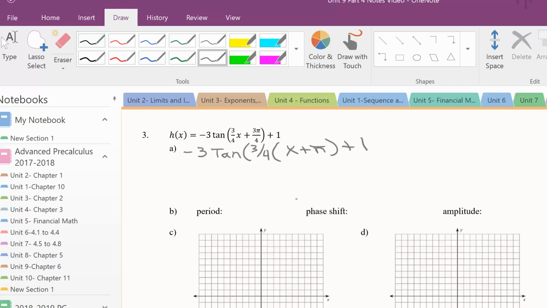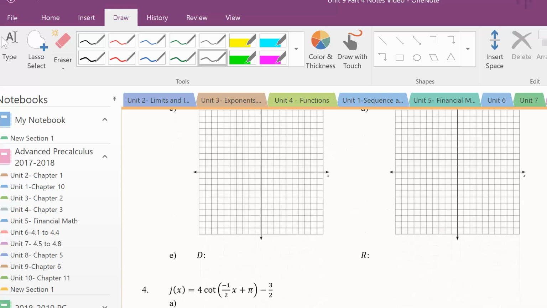So the period, remember for tangent and cotangent, it's pi over b. So it's pi over 3/4, which is 4 pi over 3. The phase shift here is to the left pi. The amplitude, there is none, but notice the number in front is a 3. So we'll just keep that in mind. That sets the high and low for the pi over 4 angles.